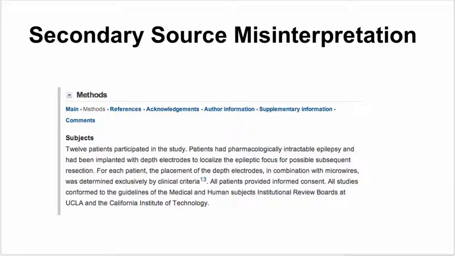So if you look at the method of the study, 12 patients who had pharmacologically intractable epilepsy, so that means people with epilepsy that can't be cured or controlled very well with a medicine, had deep electrode implants that were put into their brain to localize the epileptic focus for possible subsequent resection.